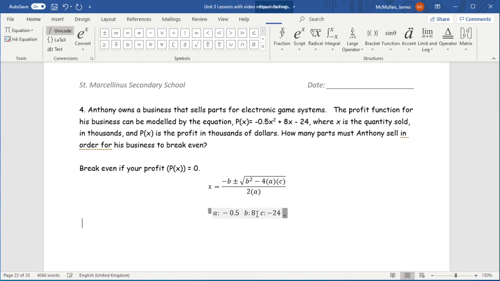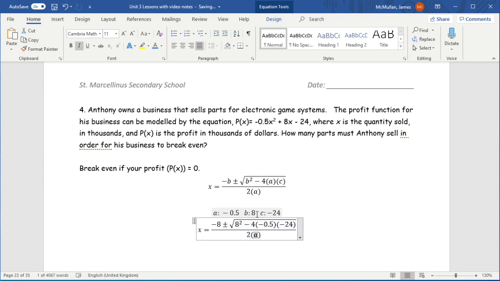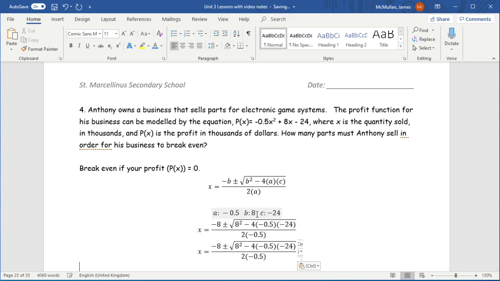Okay, and we're just going to do this. We're going to use the same equation. We'll just replace everything we see here with the required number. So we get negative 8 plus or minus the square root of 8 squared minus 4 times negative 0.5 times negative 24. And we get 2a on the bottom is 2 times negative 0.5 again. So we'll go ahead and clean it up a little bit.